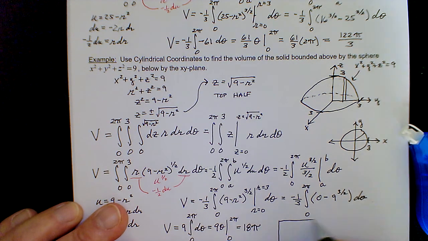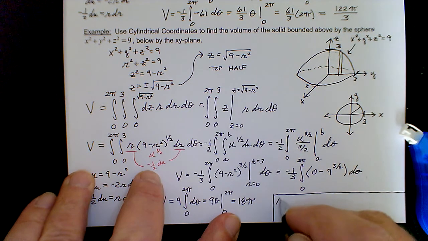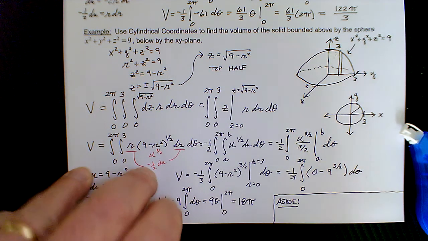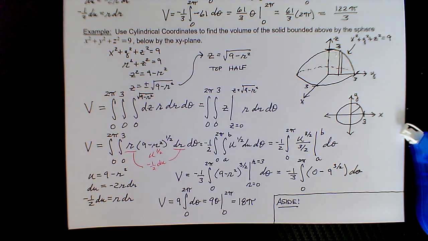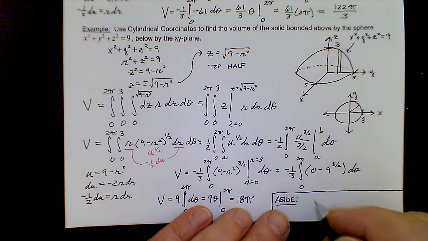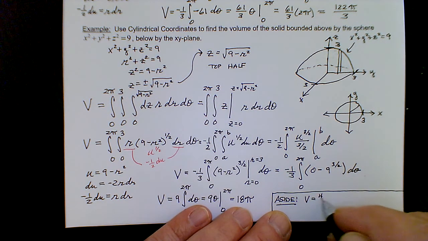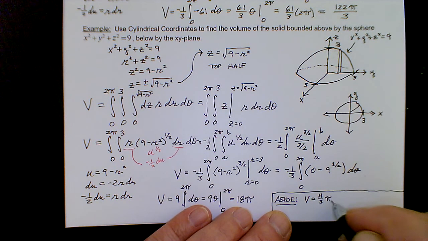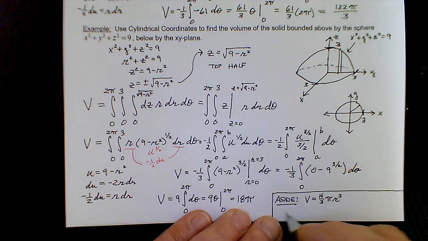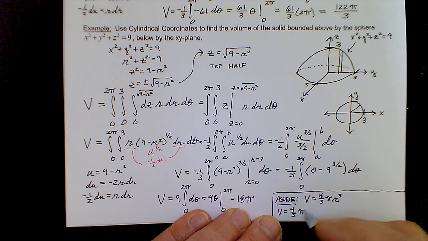Now, the interesting thing I wanted to note here, this is just a side, and we could actually prove this in general. This is the way you would prove the formula for the volume of the sphere. You might recall you never proved it before, but you always knew that the volume of a sphere was 4/3 pi r cubed. And for our case, r is 3.